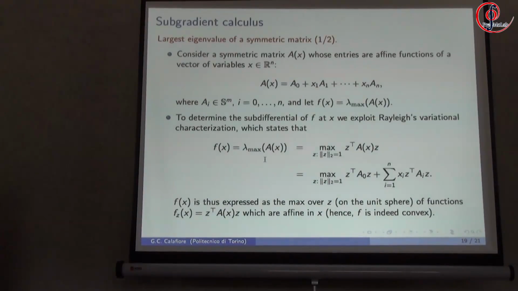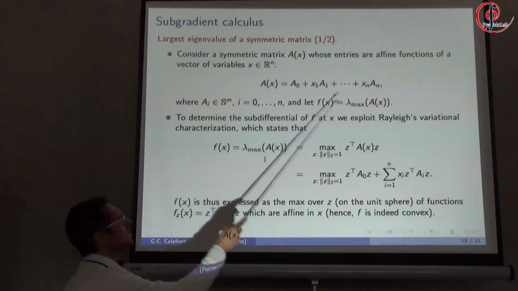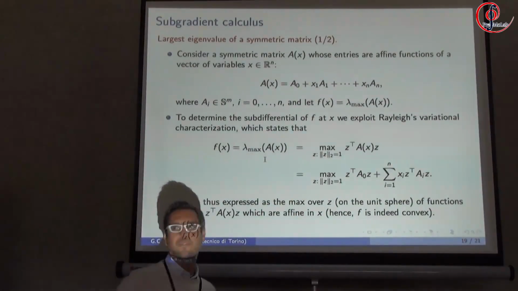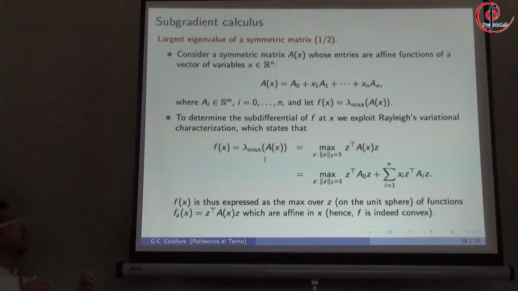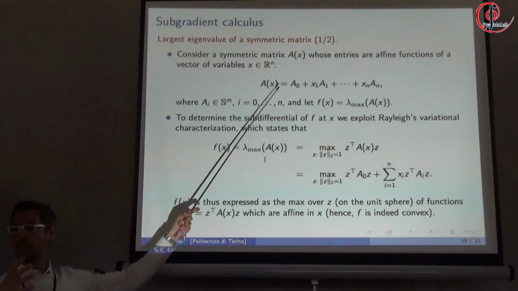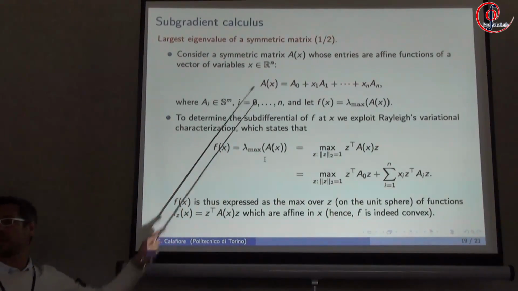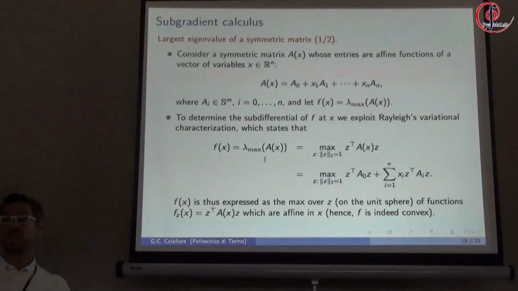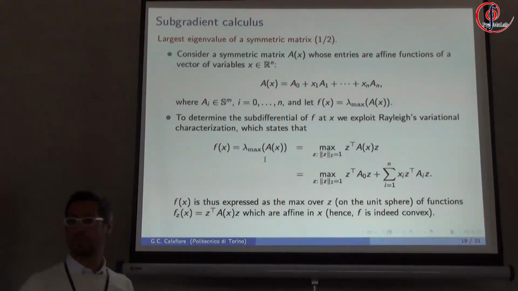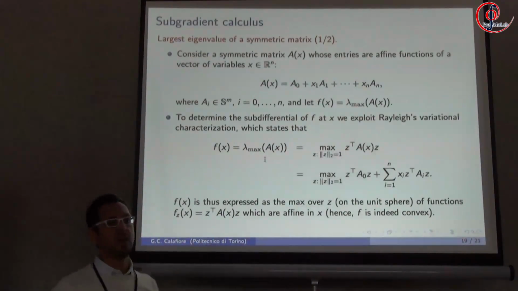Okay, so x is my variable. So I can define a function f(x) as the lambda max of A(x). You know that any real symmetric matrix has purely real eigenvalues. So the eigenvalues are ordered, and it makes sense to define the maximum of them. So the lambda max will be some strange function of my variables x.